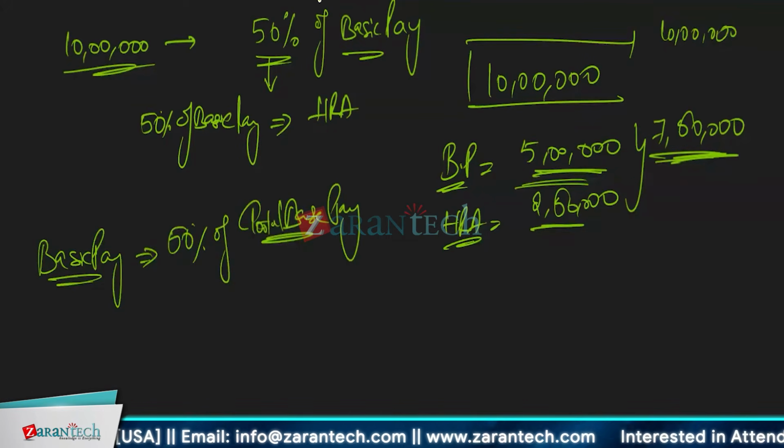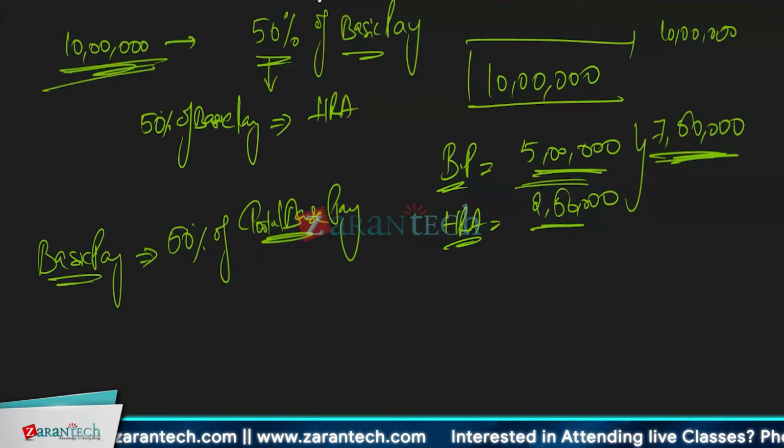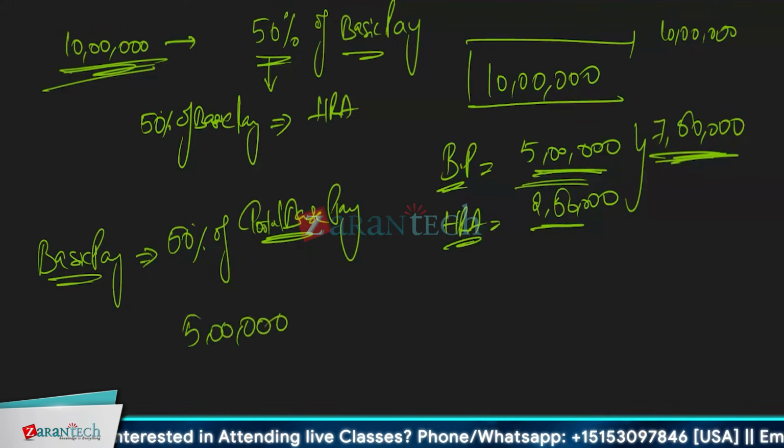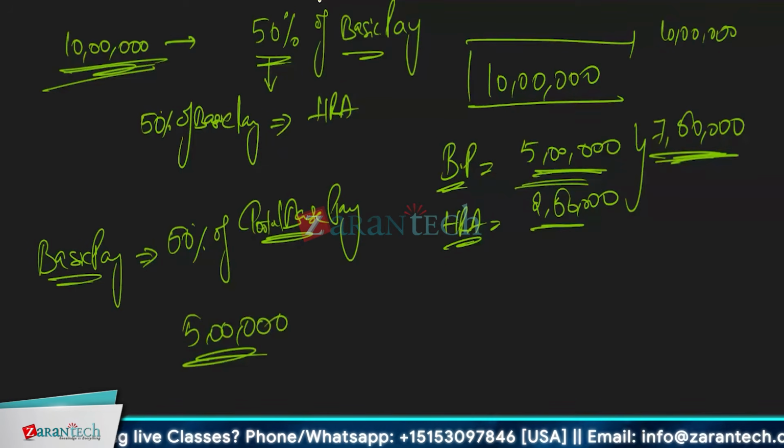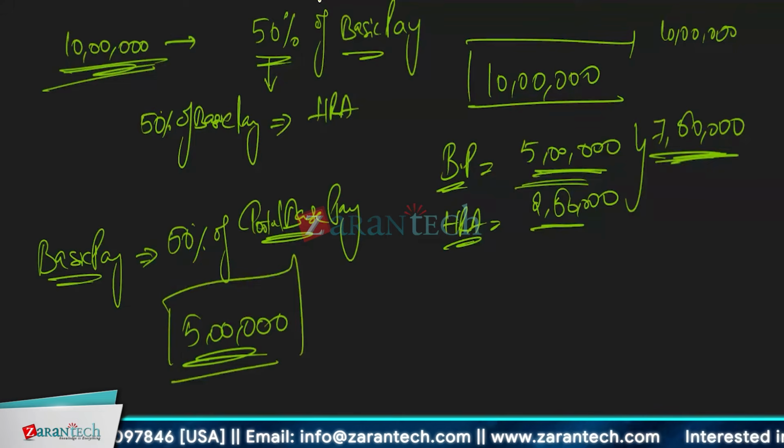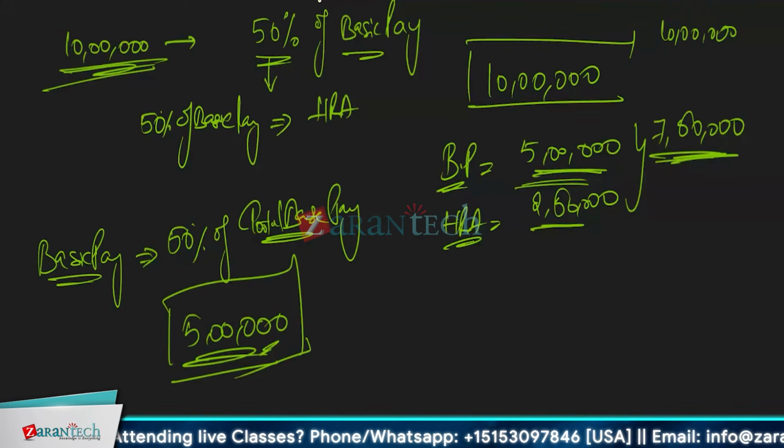So when you assign 10 lakhs as the total base pay, Workday is going to take 5 lakh. And then for HRA, you want 50% of this 5 lakh of basic pay, and you can create a custom compensation basis to define that.